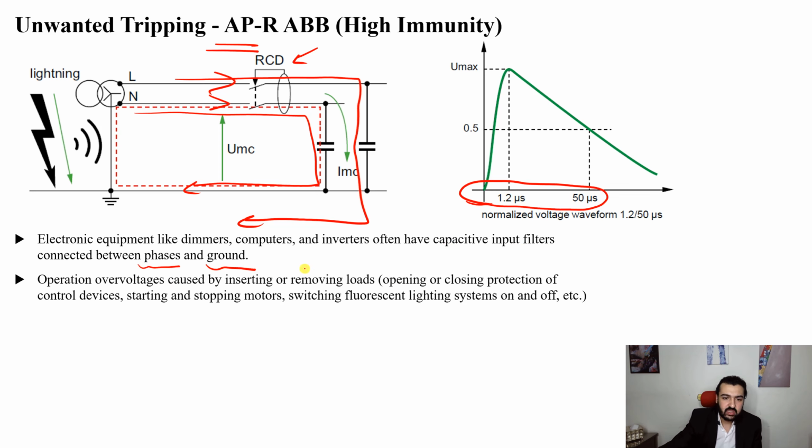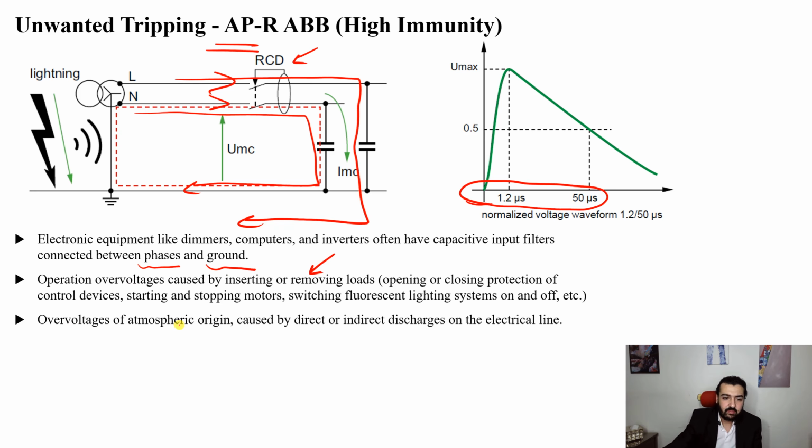Operation overvoltages are caused by inserting or removing of loads, starting of motors, and so on. Overvoltages can be of atmospheric origin caused by direct or indirect discharge on the electrical line. For example, lightning strike magnetic field causes induced EMF, or when lightning hits the transmission system.